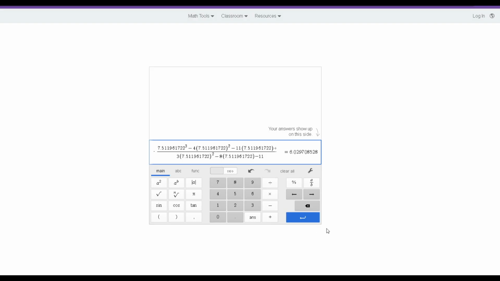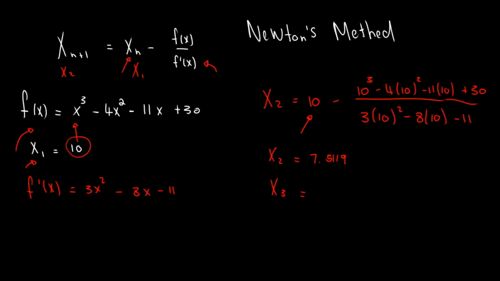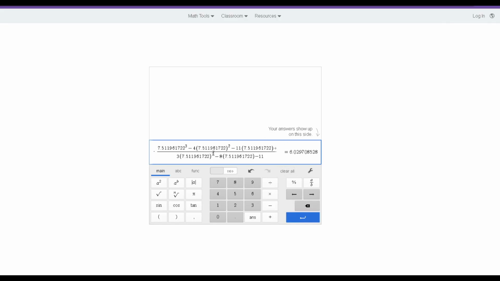Okay, let's go back to that answer. It was 6.0297. Now I'm going to do it again, replacing every single x. This is all you do, rinse and repeat till you find some repeating decimal, usually 4 decimals that repeat.